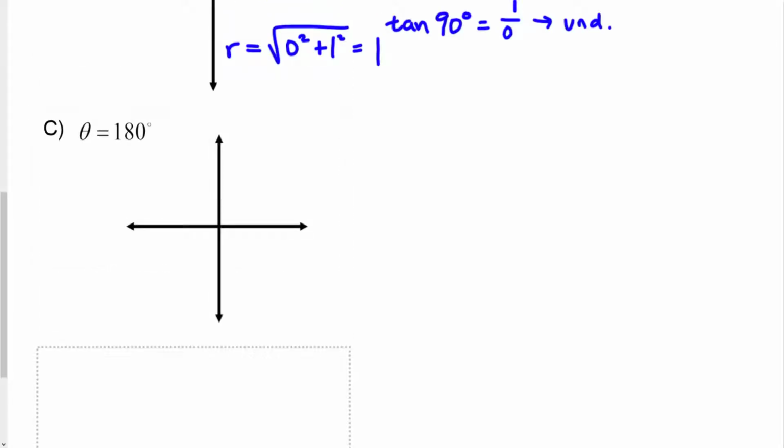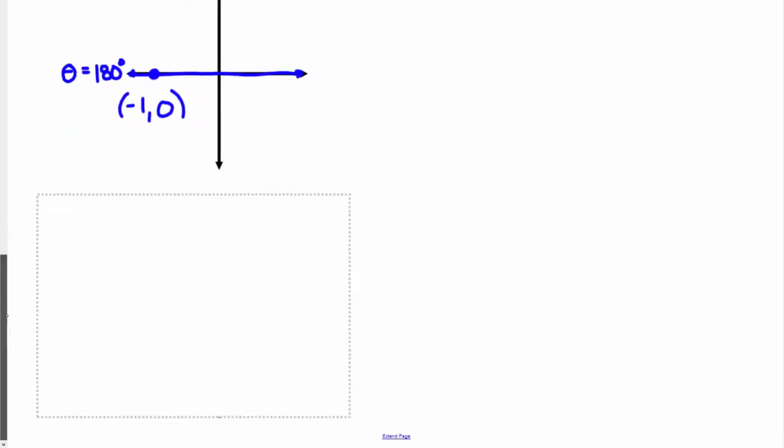In the angle measure 180 degrees, at this point, I think you've got the idea of what's happening, but just to show you, when theta is 180 degrees, that's a quadrantal angle because it lies on an axis. A point that you can use here on the terminal side would be -1 on the x, 0 on the y. And you can try and fill out what those values are going to be.